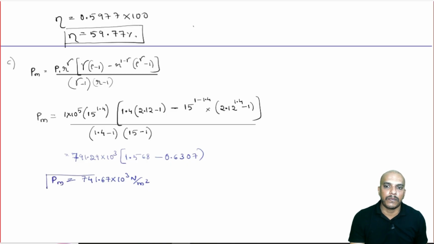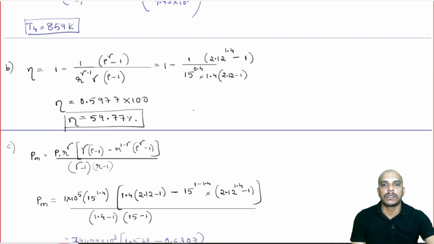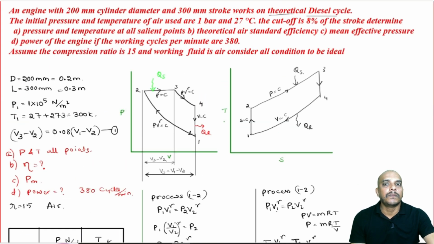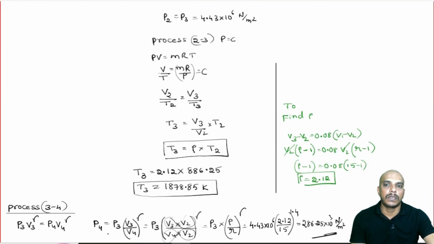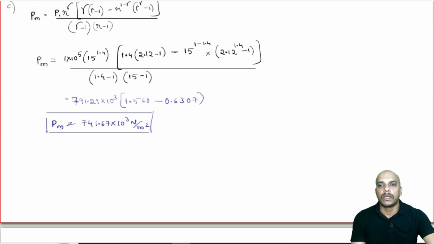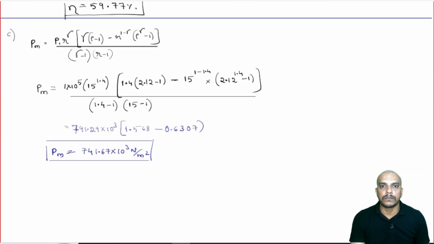Now once we have mean effective pressure, the next part we shall go for is what is asked last: power of the engine, at 380 cycles per minute. So now I think we can calculate this. We need to calculate work done. So what is work done?